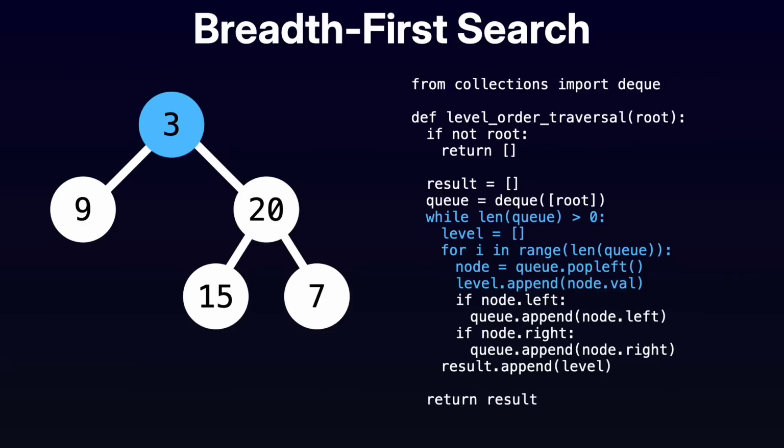For each node we process, we also add its left and right children to the queue, so they can be processed in the next level. This ensures that we visit all nodes on one level before moving to the next. By repeating this process until the queue is empty, we can traverse the entire tree level by level and collect the node values in the correct order. Finally, we return the list of node values grouped by levels.